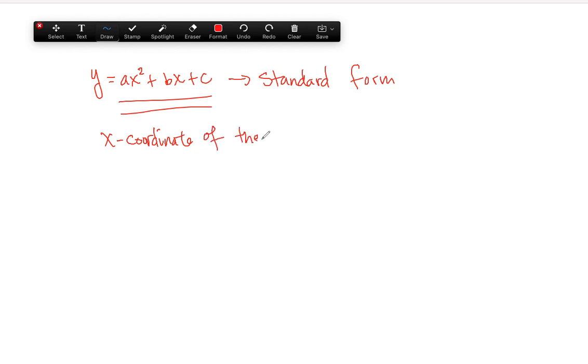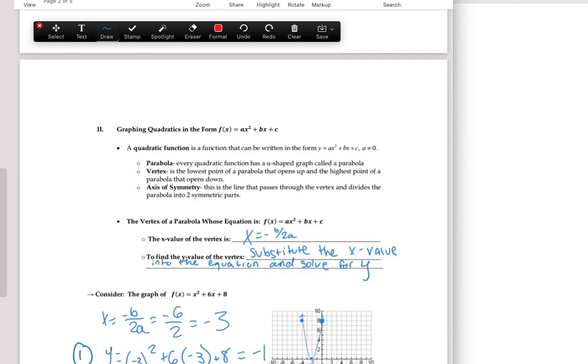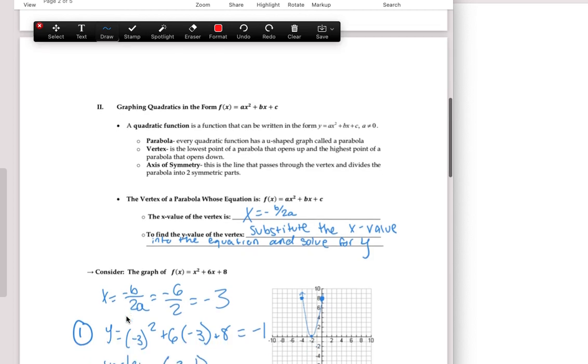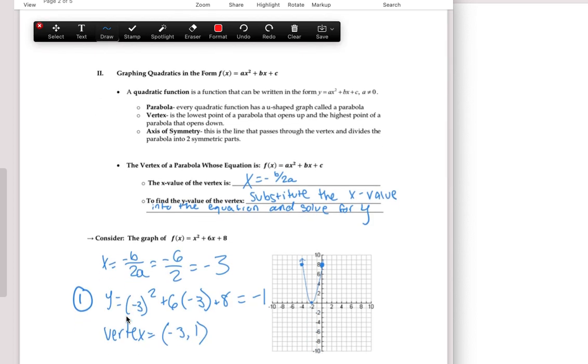X-coordinate of the vertex. In the standard form, when you're given this form, the x-coordinate of the vertex is always the following. I'll let you cheat. Go ahead. Could you repeat that? You completely cut out. Yeah, sure. No worries. So I'll let you look at your notes real quick and tell me. So what is the x-coordinate of the vertex in the standard form?